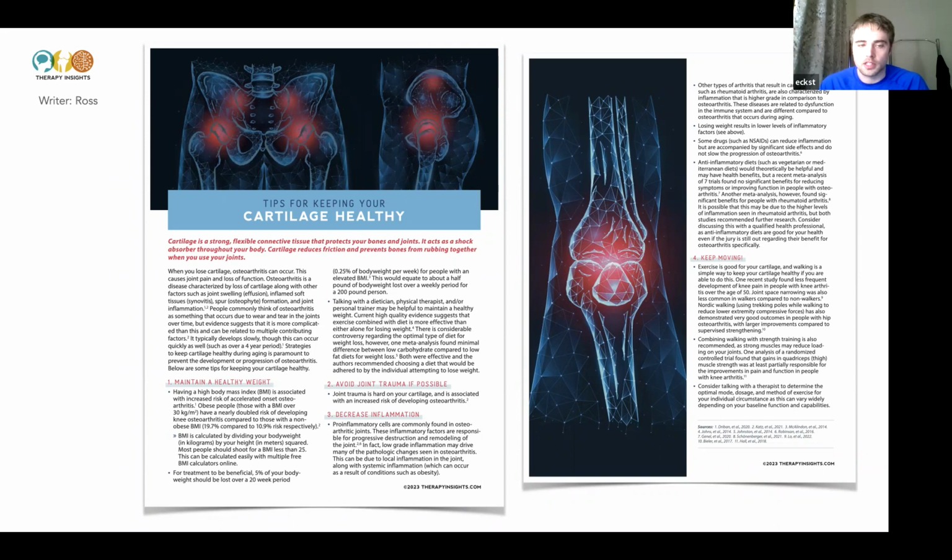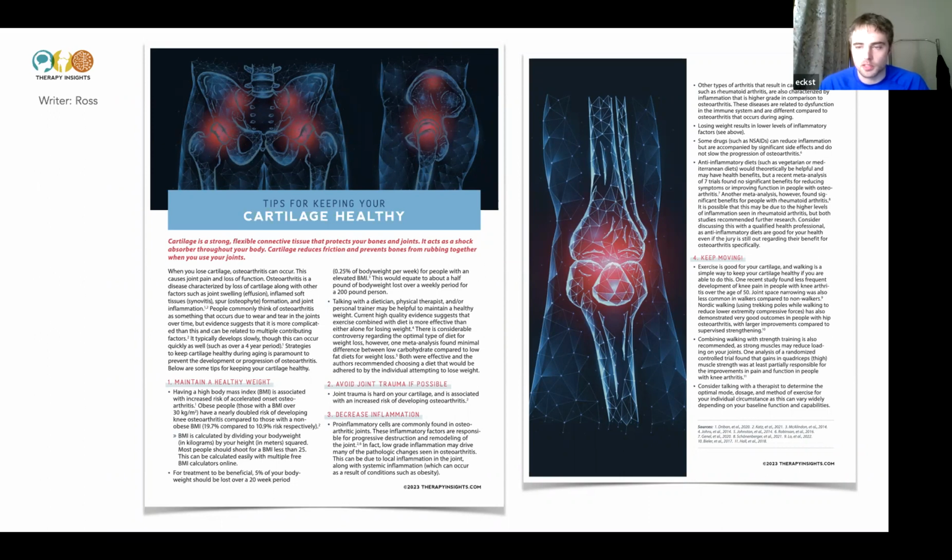So it talks about how maintaining a healthy weight is important, and it talks about some statistics, like how people with a BMI over 30 have about a doubled risk of developing arthritis compared to people with a normal BMI.